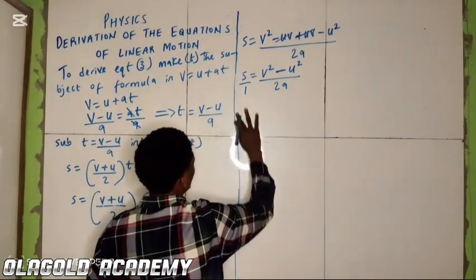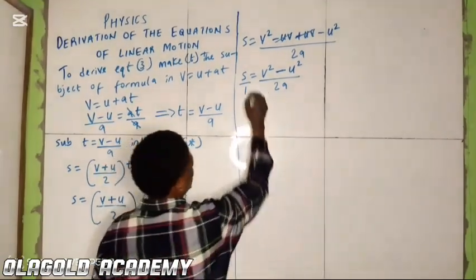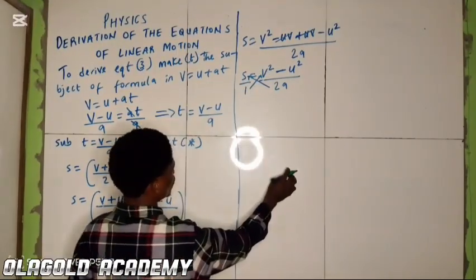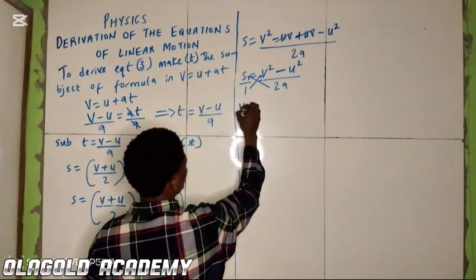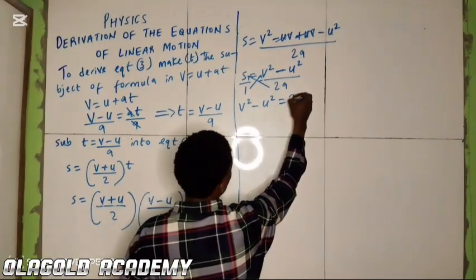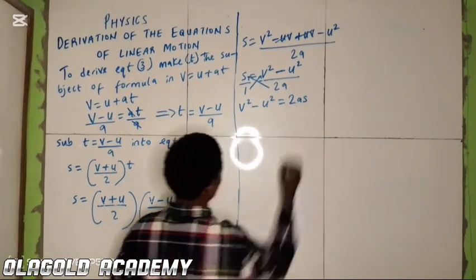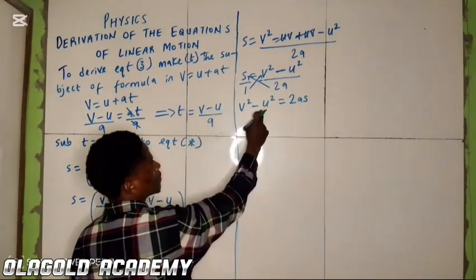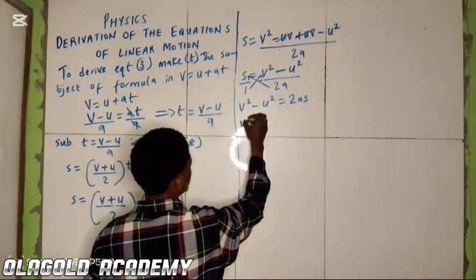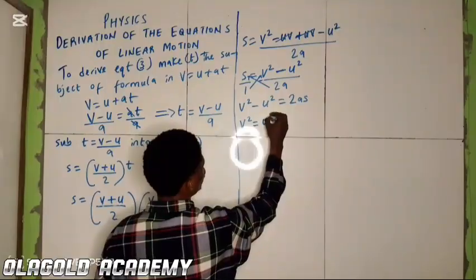What's the next thing there? Cross multiply. Bring this one here and bring this one here. So we're going to have V squared minus U squared equals 2AS. What's next in there? Bring this U squared to this side. So we are going to have V squared equals U squared.